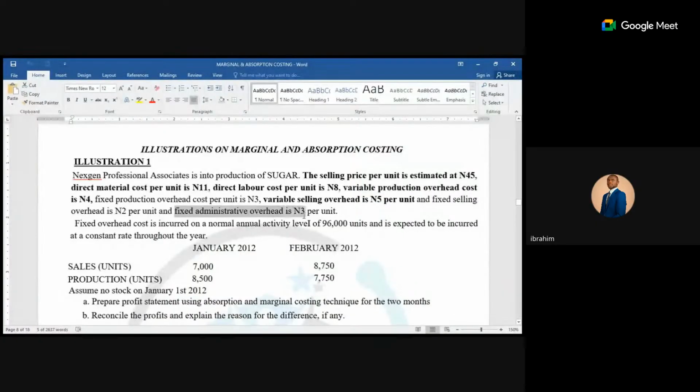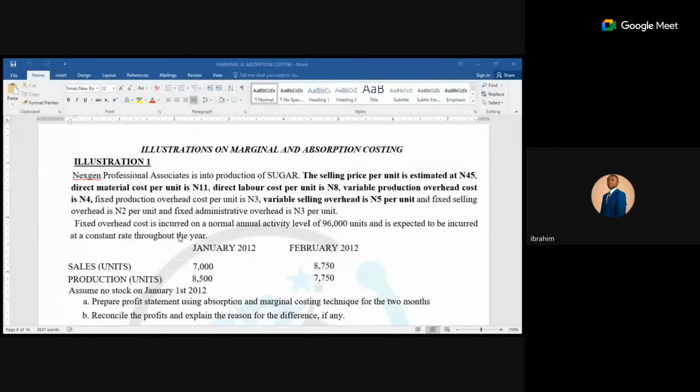The fixed administrative. Now, class, pay attention. The fixed overhead cost is incurred on a normal annual activity level of 96,000 units. They are telling you that their policy is that the fixed overhead cost will be based on the annual budgeted 96,000 units. That is the budgeted level of activities.